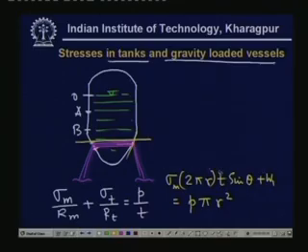We get the following free body diagram once we take a cut over here. Then we consider the lower part here.